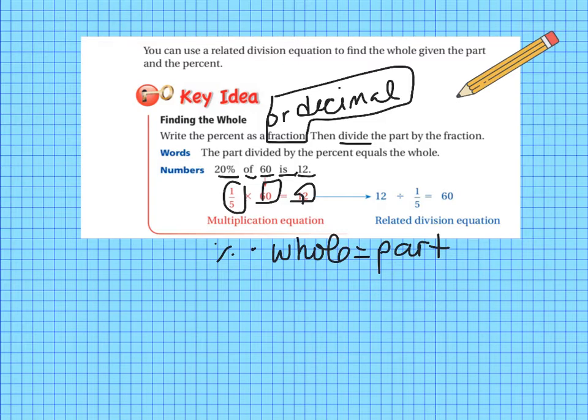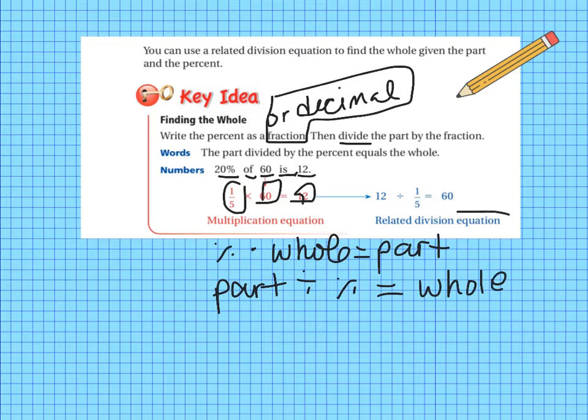Write this in your notes. Sometimes you aren't given the whole, you are given the percent and the part. So then you need to divide. So you have the part divided by the percent, and that's going to equal the whole.